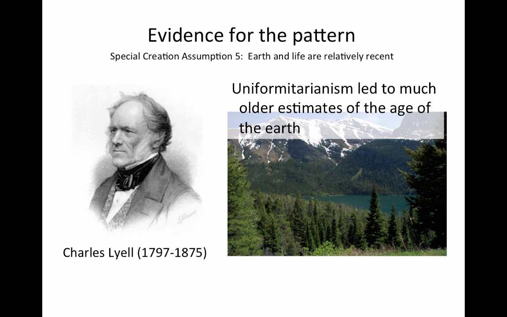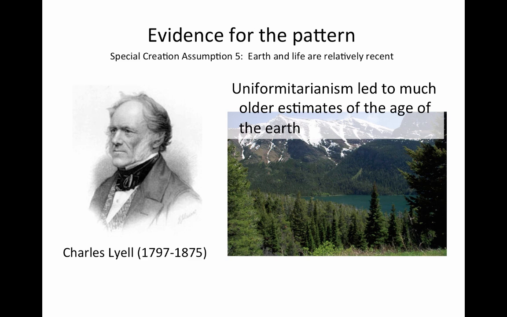Our final contrasting prediction between special creation and descent with modification is the assumption that Earth and life are relatively recent under the special creation model, and the prediction that the Earth and life are going to be very ancient according to descent with modification. That's absolutely required for this slow, gradual process to happen.